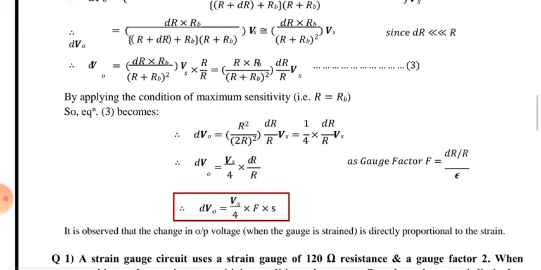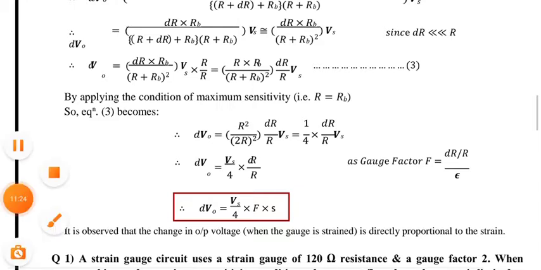In the red color rectangle you can observe F multiplied by S is written, but that is not S, it is epsilon. So change in output voltage DVO is directly proportional to strain, that is epsilon. On the basis of this derived relation, change in output voltage equal to supplied voltage upon 4 into gauge factor F into epsilon, we have to solve the numericals.